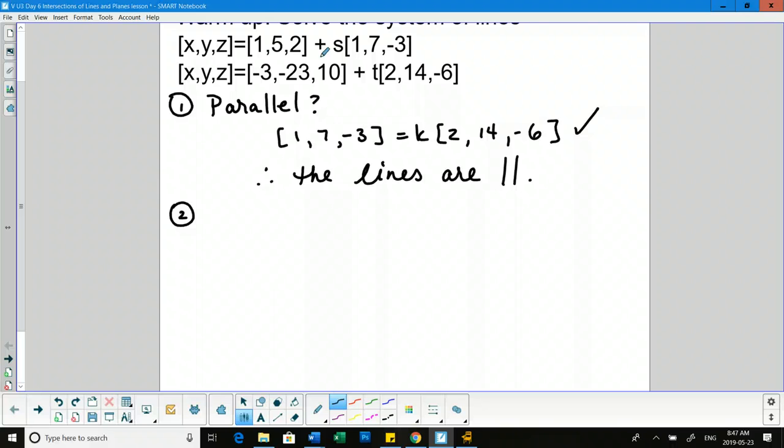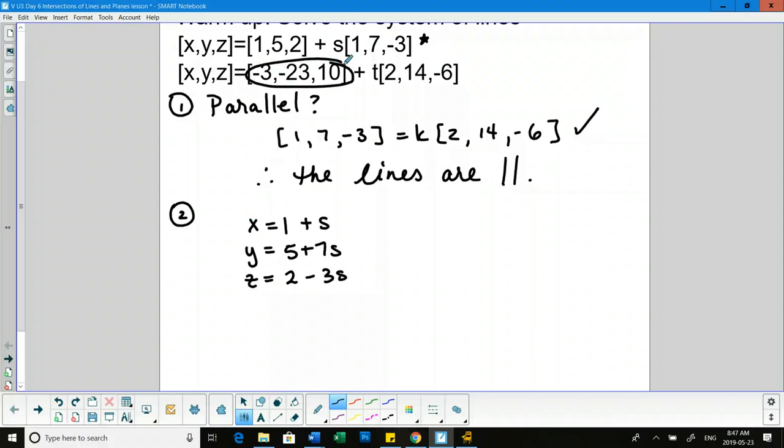I'll use the parametric equations from line number 1, and plug in the x, y, and z from the position vector for our second line. We're going to plug in the point negative 3, negative 23, 10, and solve for the s's that make that true.